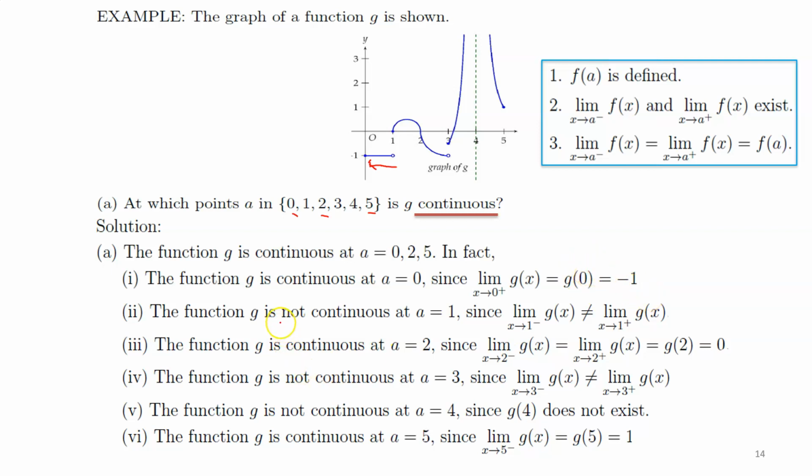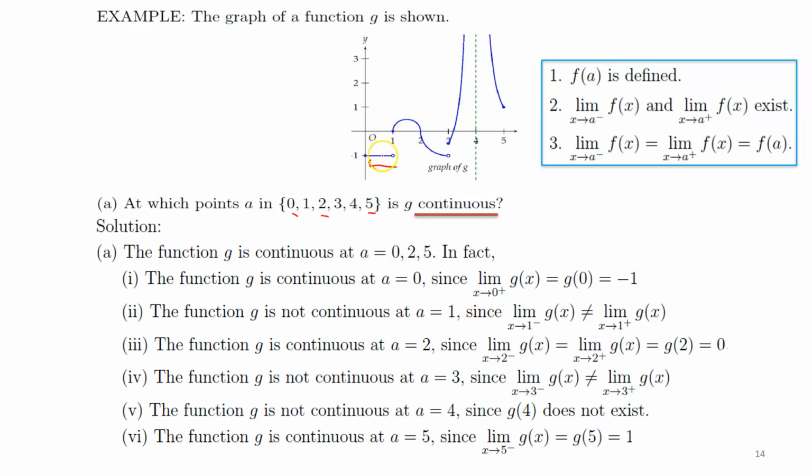And then the second one, the function g is not continuous at a equal to 1. So we're going to check it one by one: 0, 1, 2, 3, 4, and 5. Okay, then at a equal to 1, is it continuous? So we're going to check from the left. Do you have anything approaching 1 from the left? Yes, it is actually equal to negative 1.